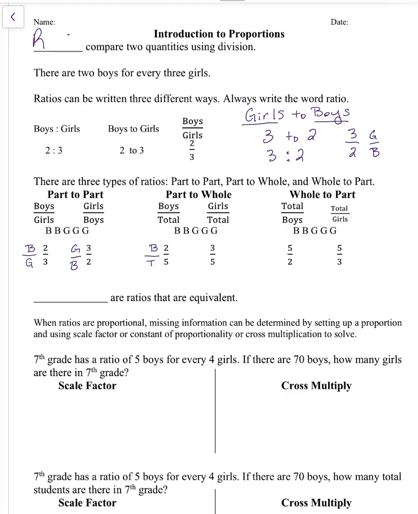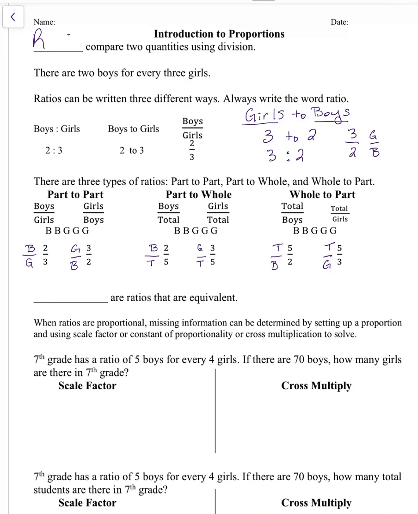So the total is 5. And then the girls to total would be 3 to 5. The whole to part is just the reciprocal. So it would be total to boys, so 5 to 2. And then total to girls would be 5 to 3. Okay?